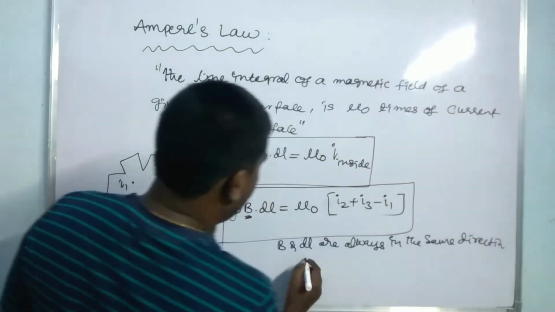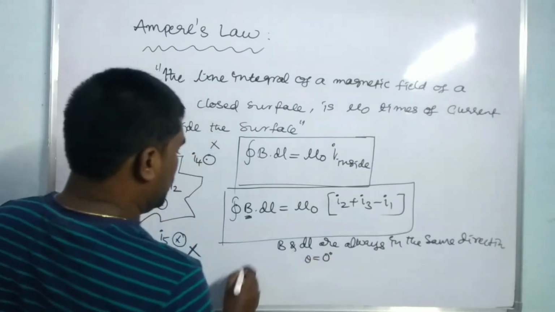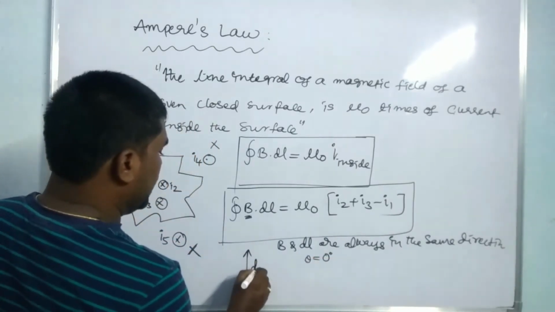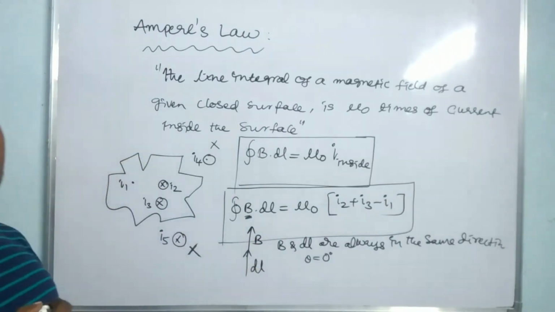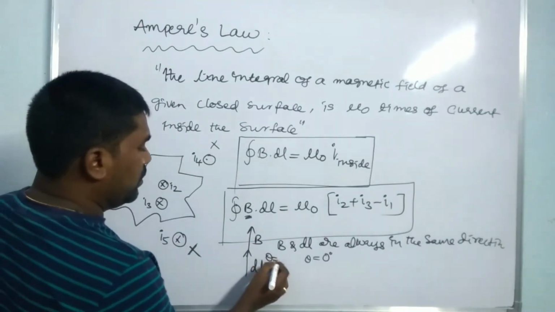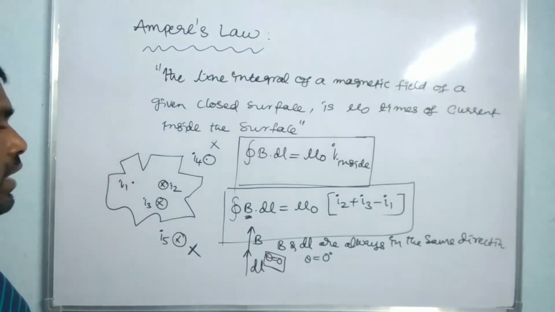So same direction means theta, the angle between them, is equal to 0. Suppose this is the dl element and in this direction there is B. Here theta is equal to 0. The angle between B and dl is always 0.